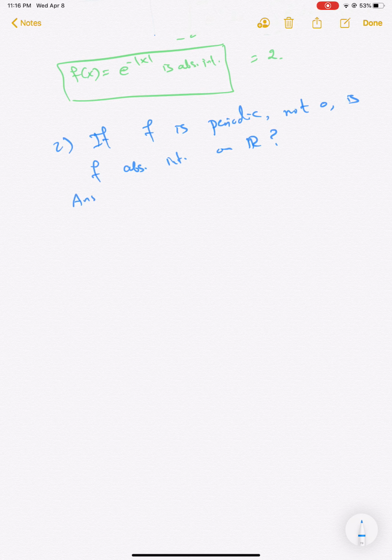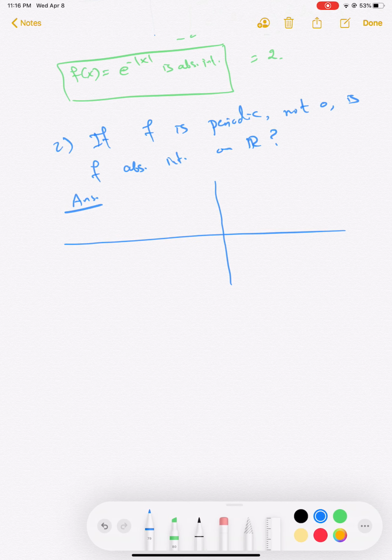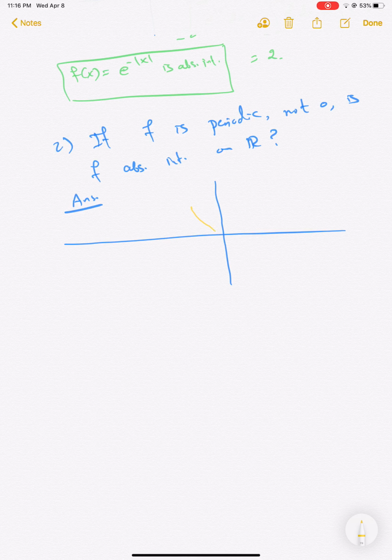So if you have a periodic function, what's our understanding for periodic functions? I'm sure if we ask anyone to draw a periodic function, he would draw something. If, for example, he starts doing this, then he or she will have to copy paste, right? So this is our understanding for periodic function.